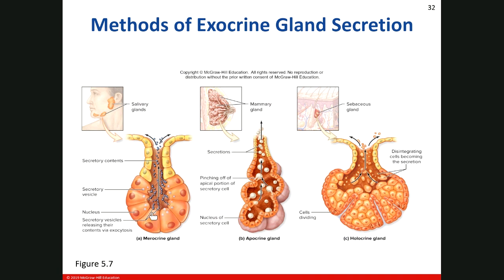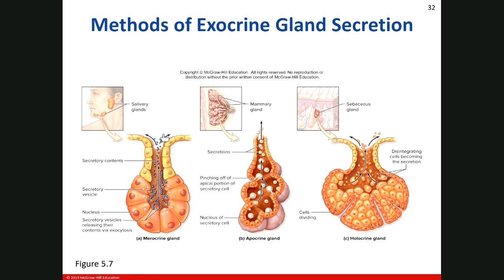So you can see here, here's our merocrine gland. Here are our secretory vesicles. They move to the apical region here, and then through the process of exocytosis, it emits its secretions into the lumen, and then they travel up and out of the gland through the conducting region. Our example here is the salivary gland, so this is going to go into your mouth.